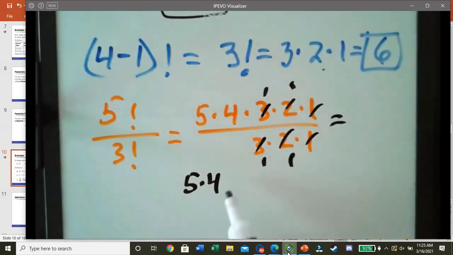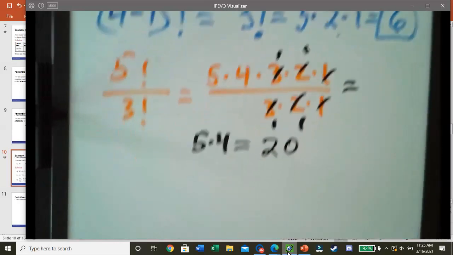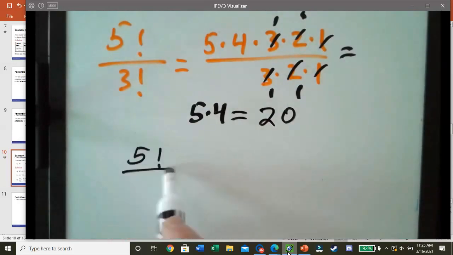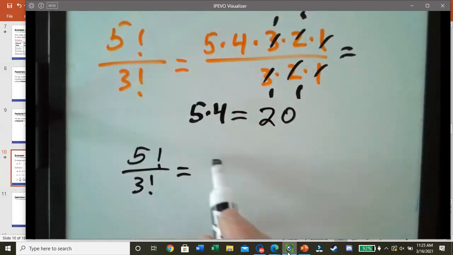After you simplify it out, what's 5 times 4? 20, right? Well, you could do this another way too, where you have 5 factorial over 3 factorial, and you could just go as far as the 3 factorial.